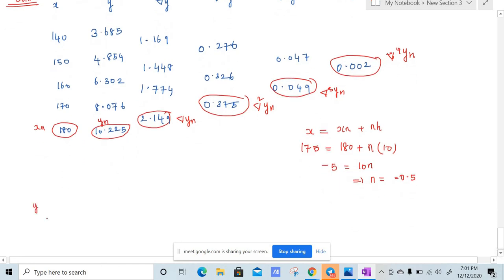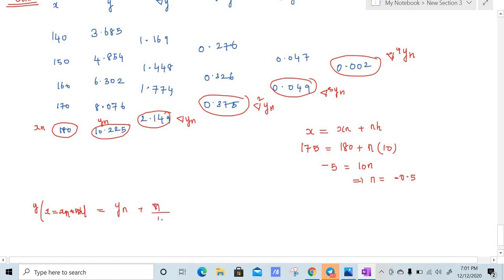So y of x, which is y of xn plus nh, is equal to yn plus n by 1 factorial nabla yn plus n into n minus 1... Sorry, I actually made a big mistake.